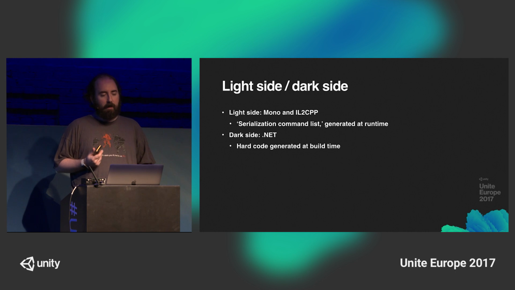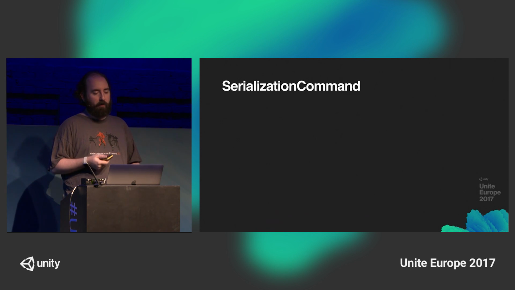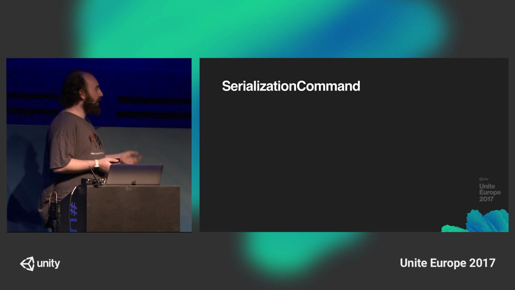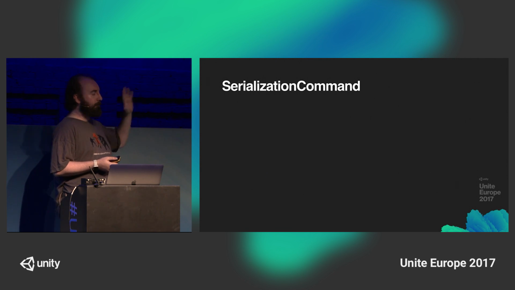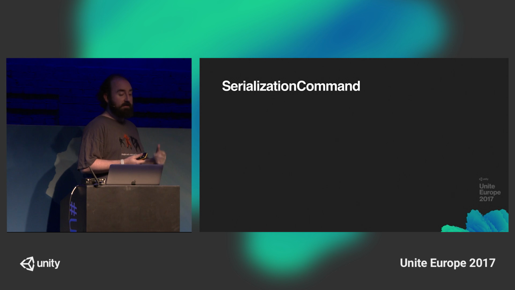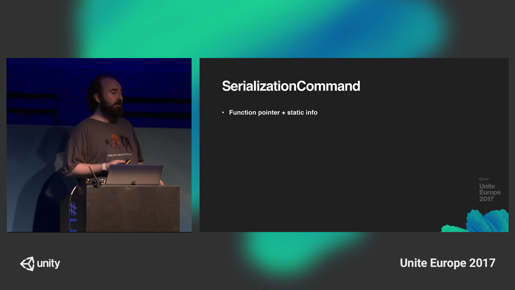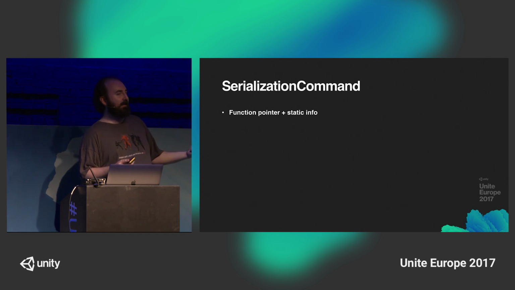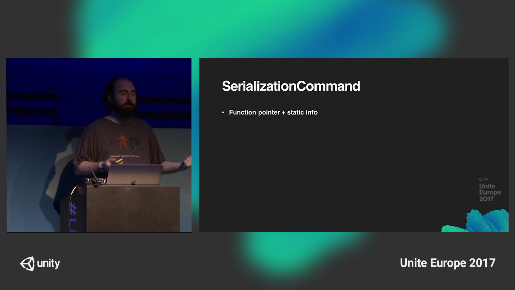So let's look a little bit more at how Mono does stuff then. The little program that it makes is this set of serialization commands. And what is a serialization command? It's a function pointer. In C# terms, that's basically a delegate. In C++ terms, it's a delegate without all the crap.